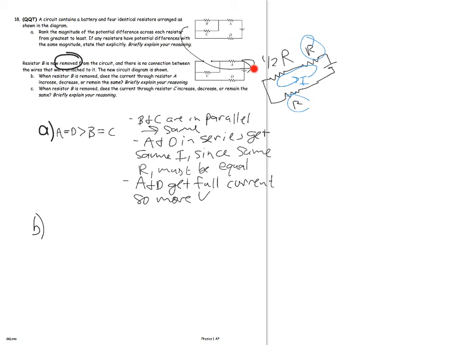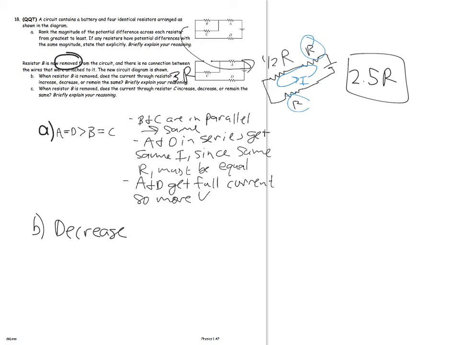Like I said before, they combine to be a resistance of 1/2 R. When we remove it, now we get the full resistance of C. So here, our total resistance would have been 2.5 R, whatever the resistance of a single one is. Now it's gone up to 3R. So that means the current through A is actually going to decrease.